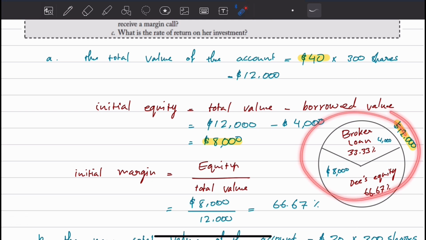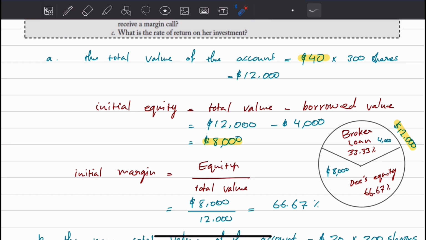So going back to this graph here, let's reimagine the scenario. This is not required in the question. I'm just giving you this piece of information as an extra piece to make sure that you understand this question. Let's reimagine the scenario and assume that D has actually invested the whole $12,000 from her own money, right? So in that scenario, what would be the rate of return?